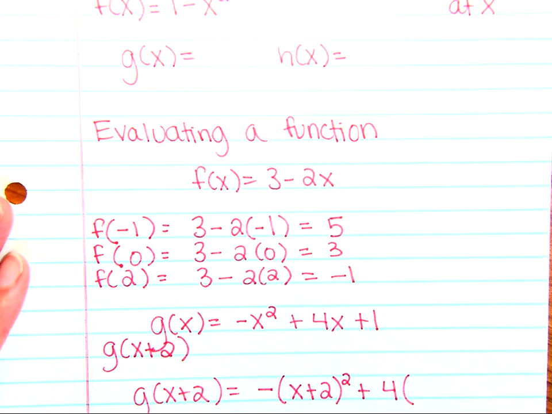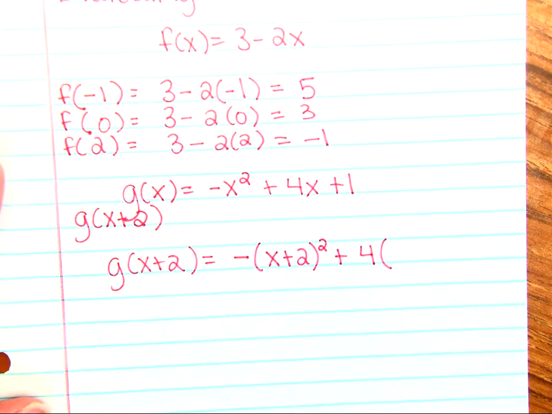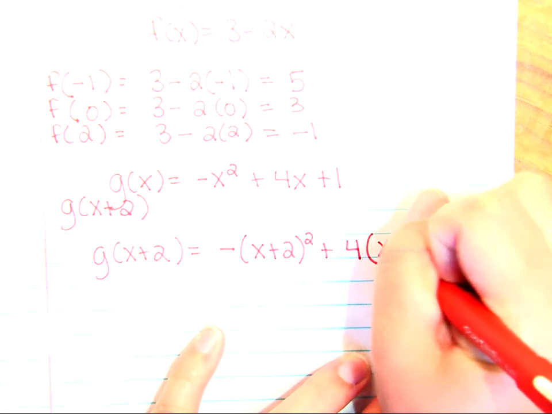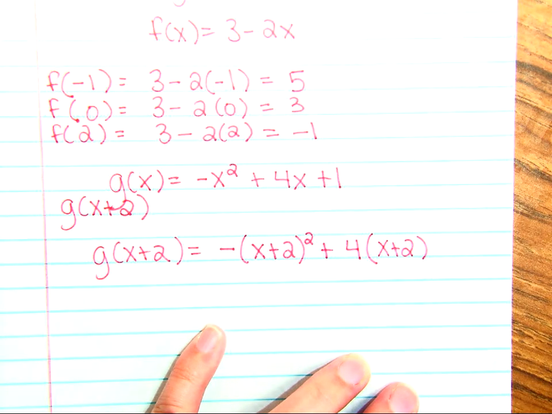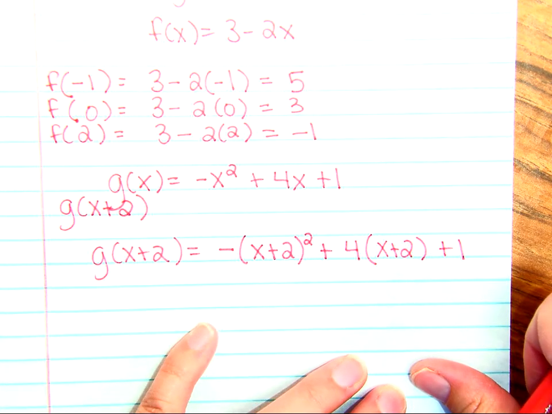And this is important that you put this in parentheses because that 4 is being multiplied by x. So I need to make sure 4 is multiplied by both x and 2, plus 1. And then this is just a matter of simplifying. So maybe pause and simplify this before you go on.